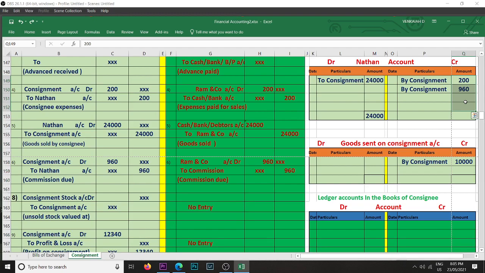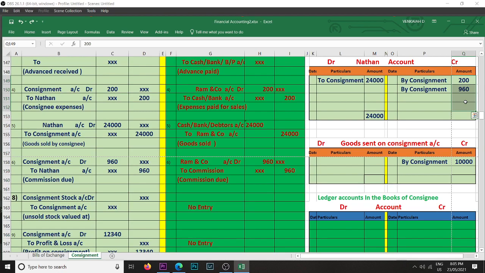Balance amount received. Here Ram and Co account debit to bank account or bills payable account.